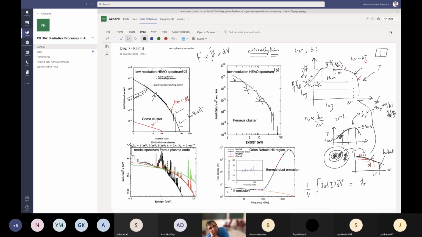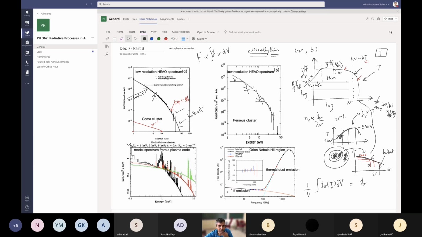If you recall our chapter 1, anything that's optically thick is black body, and you cannot tell anything about the detailed process which produces radiation, because the photons that were produced have been absorbed and emitted so many times that all the microphysics of the emission process has been sort of wiped out and overwritten by this black body radiation.